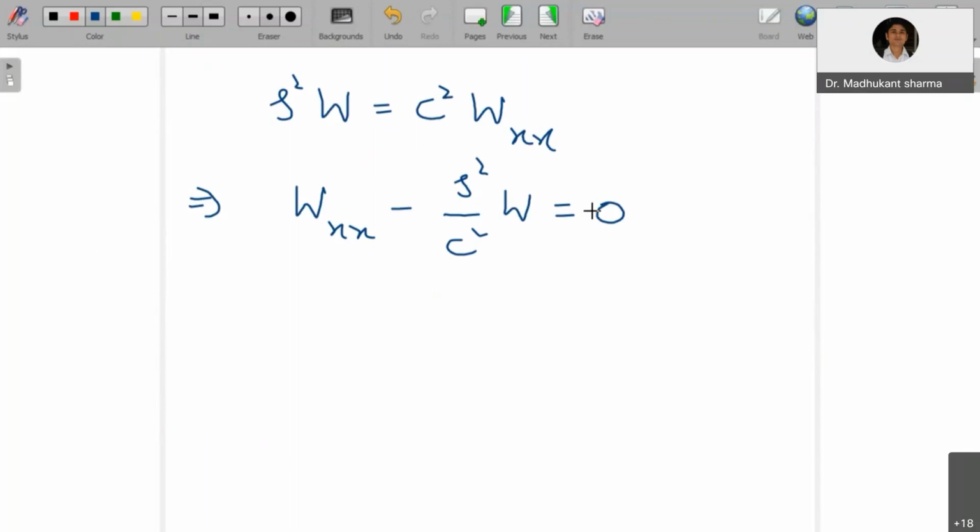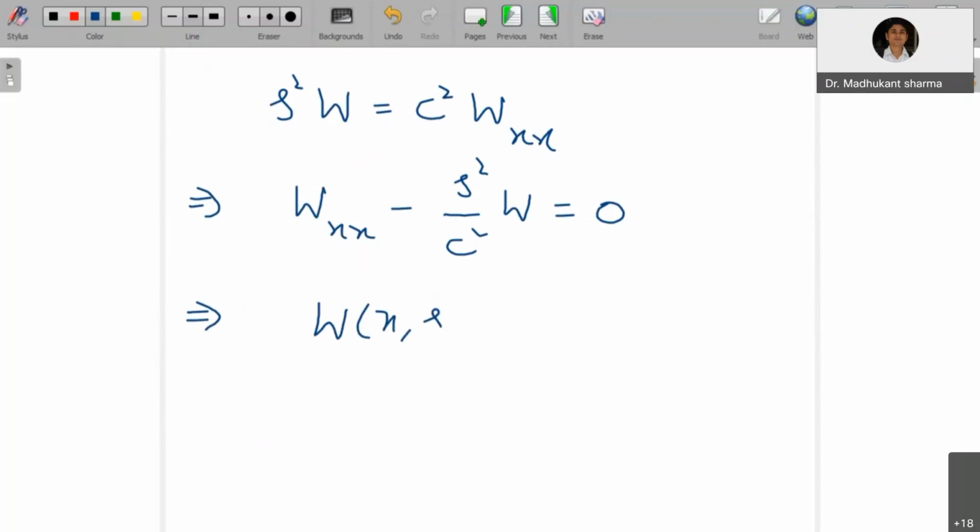Because s remains fixed, you can treat this as an ordinary differential equation of second order with respect to x. And you can certainly identify the solution, the linear homogeneous case. You know what is the solution for this?